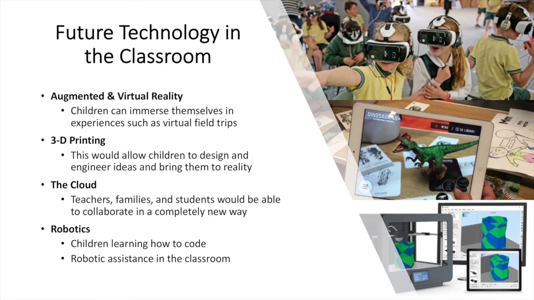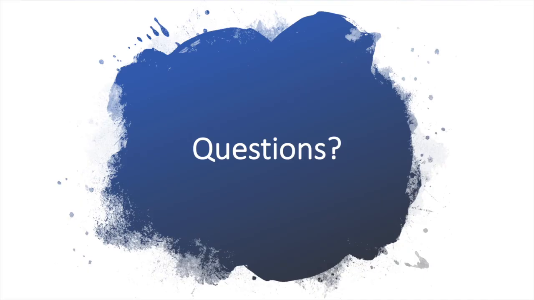So just in summary, we talked about the history of technology, where we started off and where technology is now. We talked some about how a problem we're facing right now is how much technology is too much, and how teachers need to be sure that they're teaching and using technology in an appropriate way.